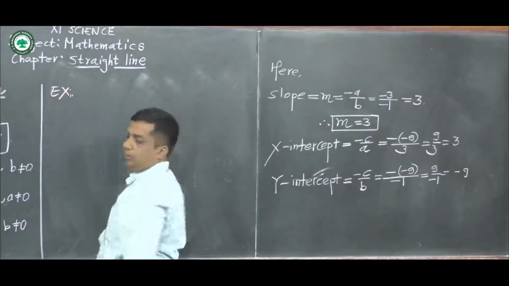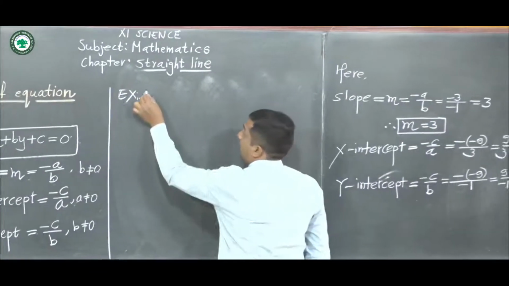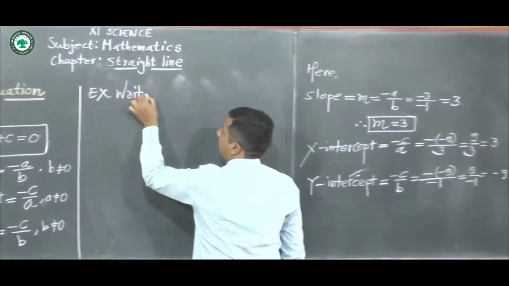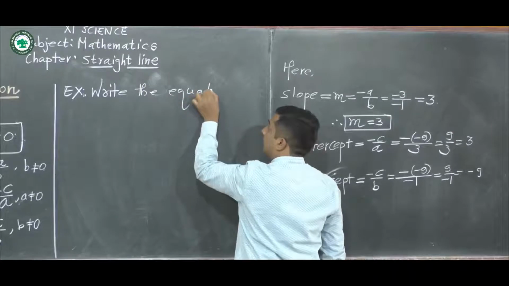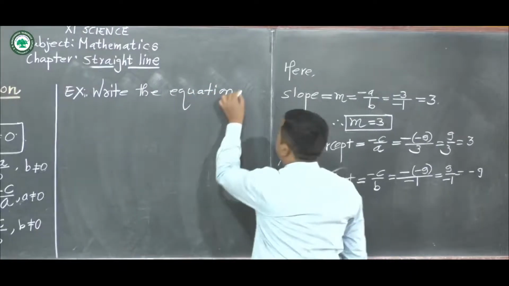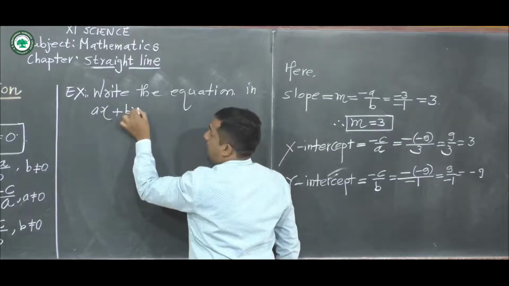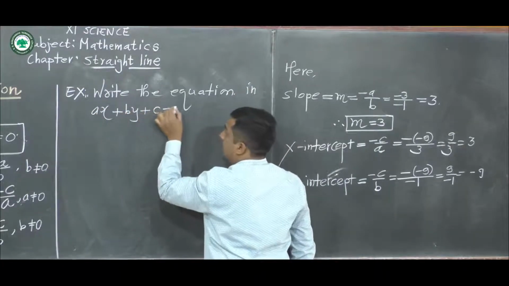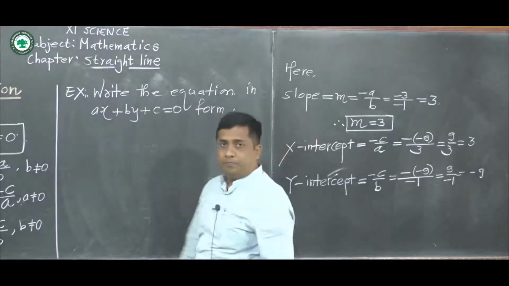Example: given, write the equation in ax plus by plus c equal to 0 form.